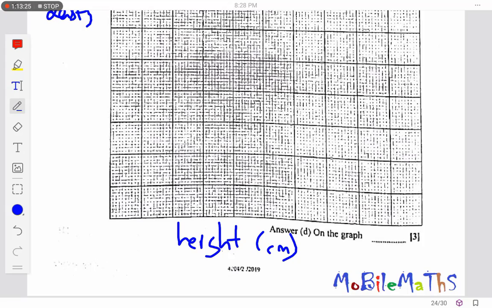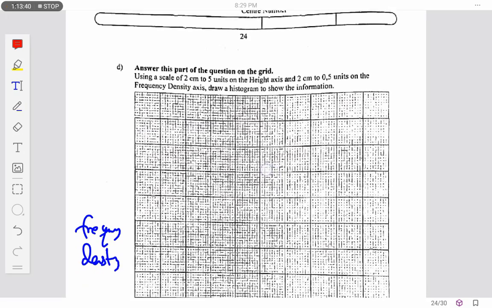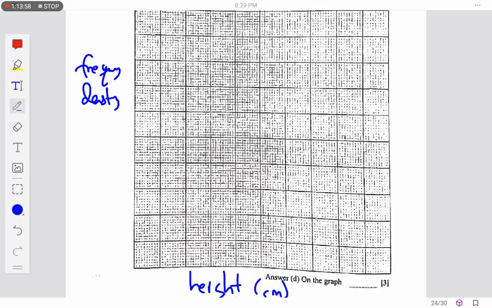Our frequency density is starting from 0.5 to 1 to 1.8, that's the highest. Are we given a scale? Let's check if we are given a scale for this question. Okay, we are given a scale: 2 centimeters to 5 units for the height, and 2 centimeters to 0.5 for the frequency density. So for the frequency density, I'm going to say 0.5, 1.